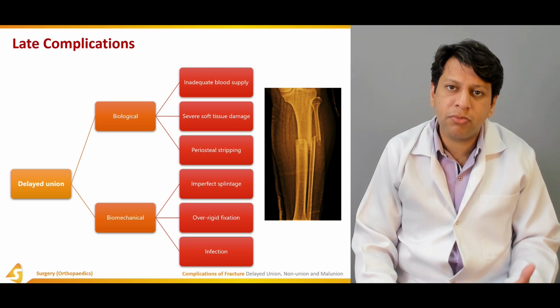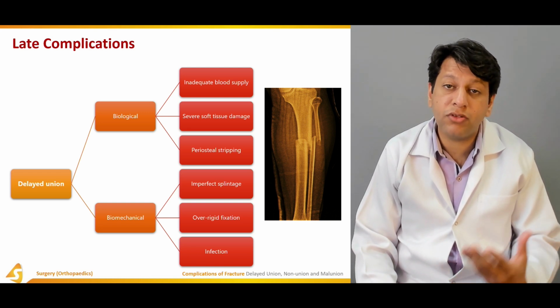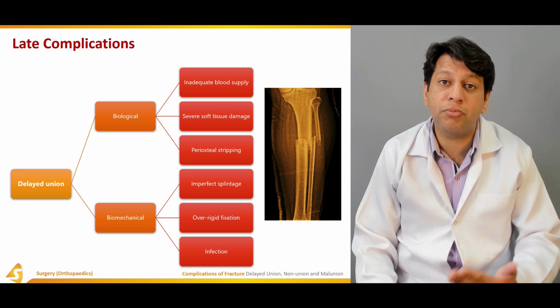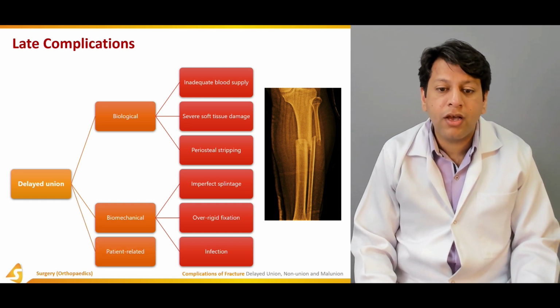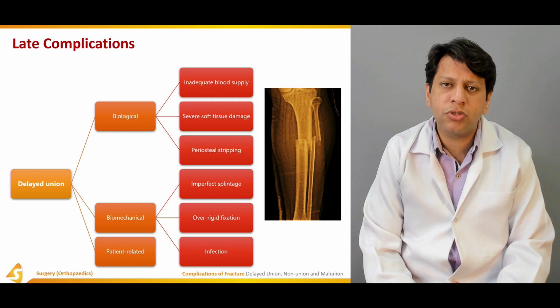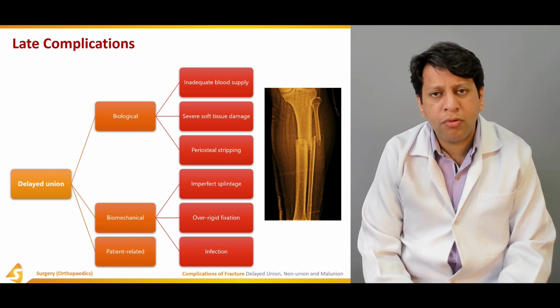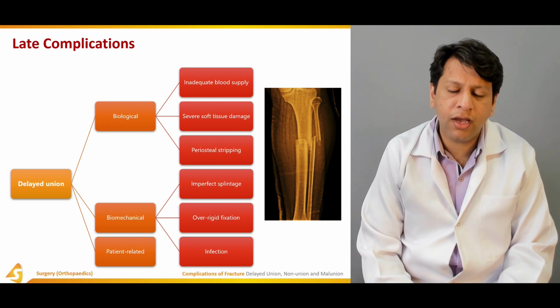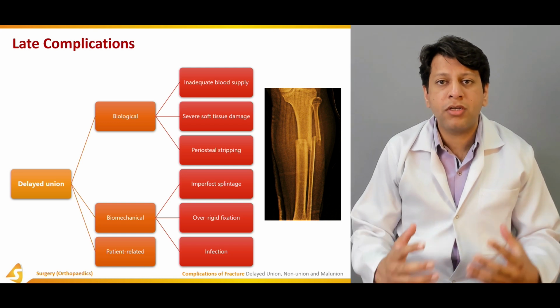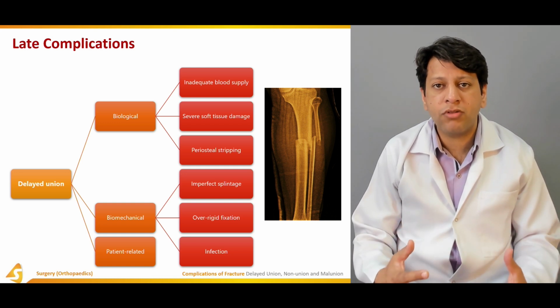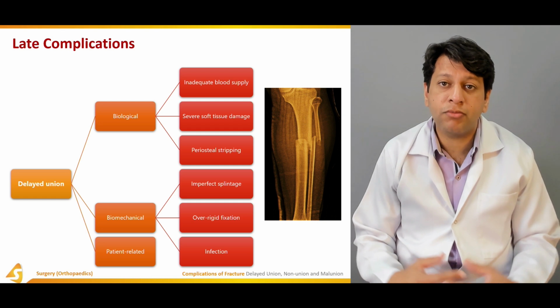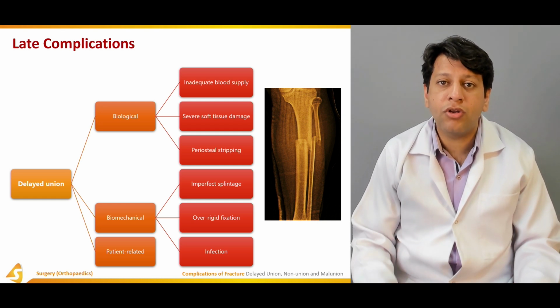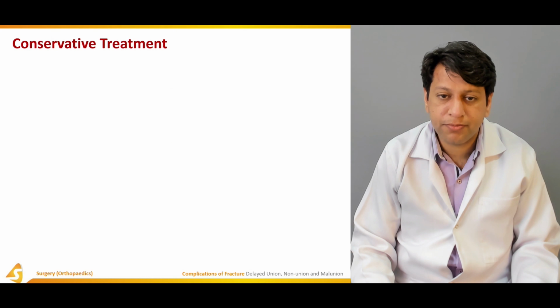There may be a subclinical infection which may not only lead to delayed union but eventually progress to non-union as well. Other factors are patient-related: the patient may be immunocompromised, may not be taking a healthy diet, or may not be putting weight on the limb for an adequate amount of time, so it can cause the normal progress to union.